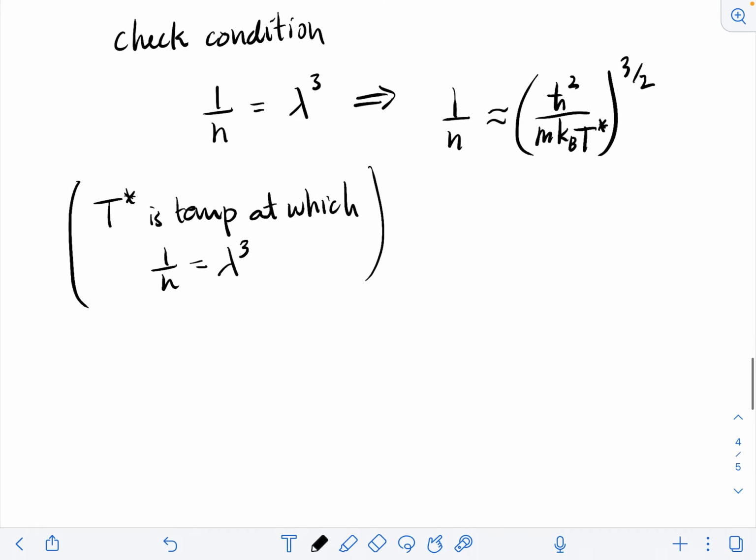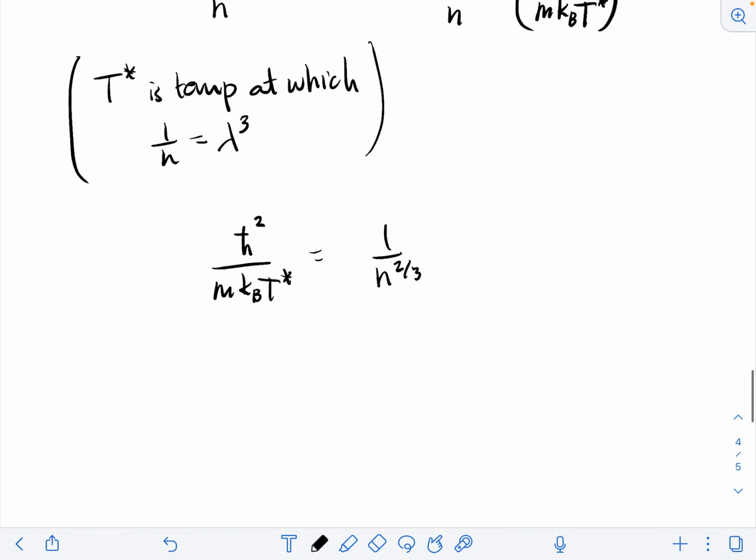Okay, and what we're going to try to do is compare that to the Tc that we calculated in the last video. Okay, so if we do some rearranging, h bar squared over m kB T star is going to be equal to 1 over n to the 2/3. And so therefore kB T star is around h bar squared over m times n to the 2/3.